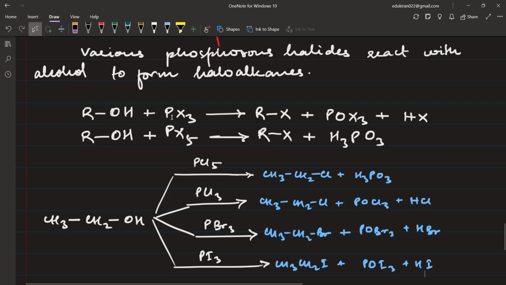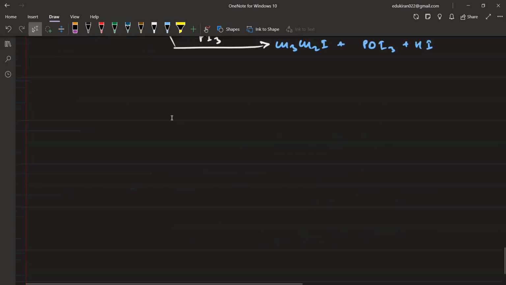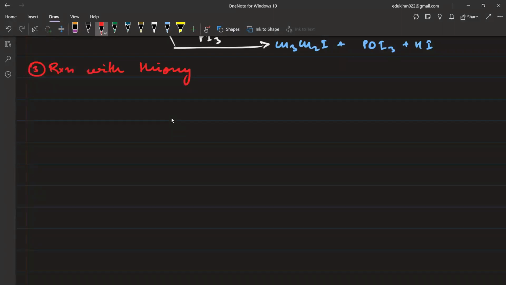Right, next reaction, which is also already done in haloalkane and haloarene. This is the third one. Reaction with thionyl chloride. Please write.